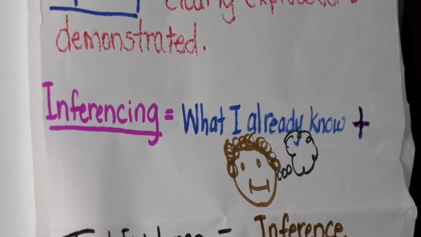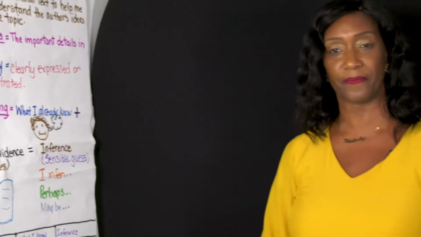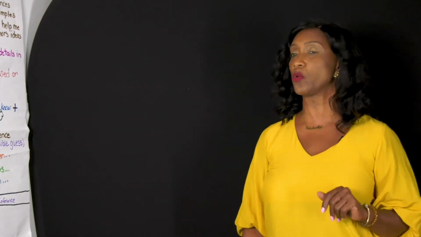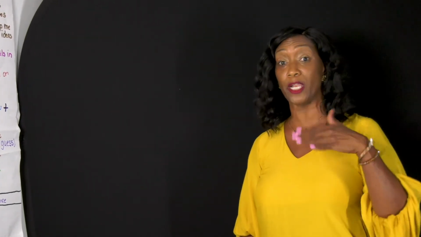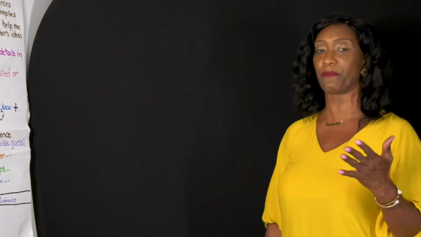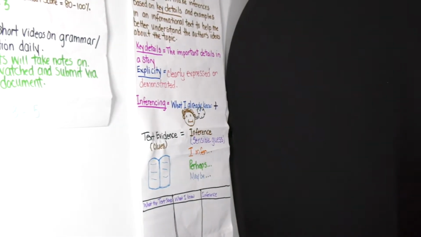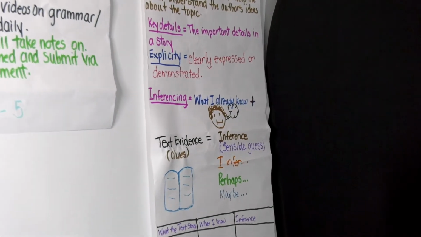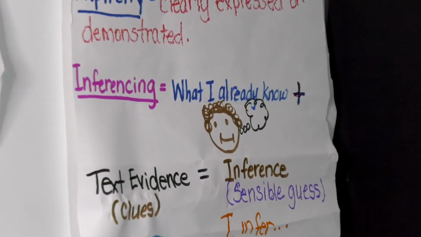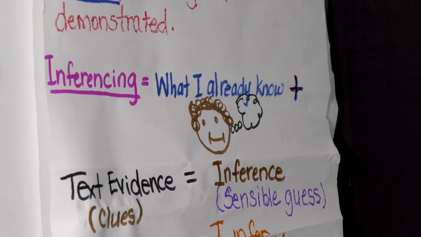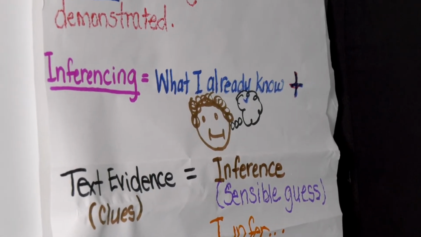How many of you boys and girls know how to make an inference? Okay, I see that most of you are familiar with inferencing already. So I'm going to go over it just to refresh your memory, because I know it's probably been a while, and since we've been out of school for a couple of months, we probably forgot. So an inference equals what I already know about a subject plus text evidence, what the text is telling me about that subject.